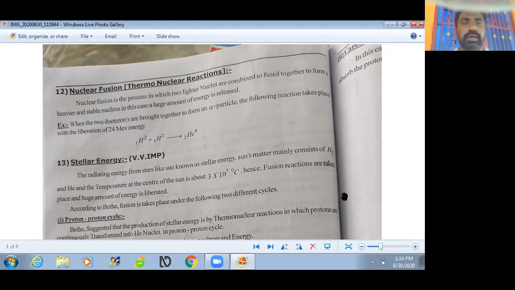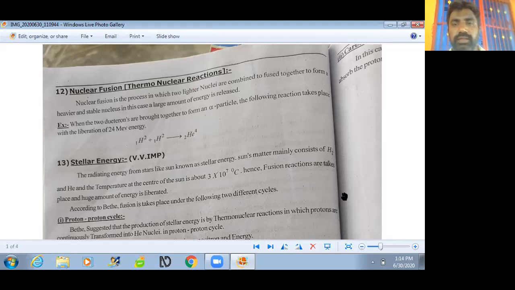Nuclear fusion reactions occur only in the presence of high temperature. That's why we have only hydrogen and helium inside the core of the sun.